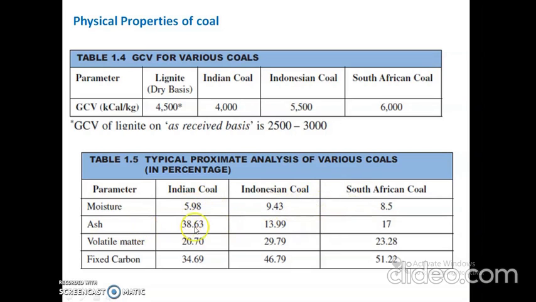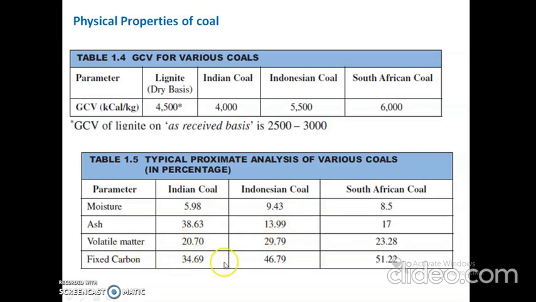Ash content, you can observe that the ash content in Indian coal is too high, which is 38.63. That is nearly 40% ash content. In Indonesian coal and South African coal, it is very less. As far as volatile matter is concerned, it is quite comparable in all the cases, slightly higher in Indonesian coal.